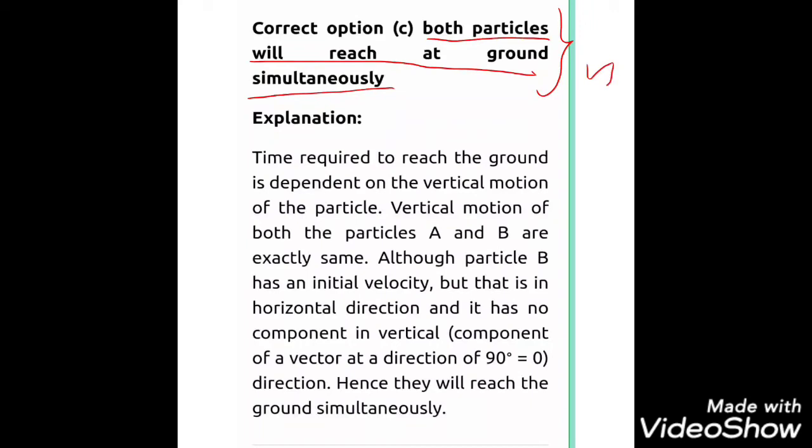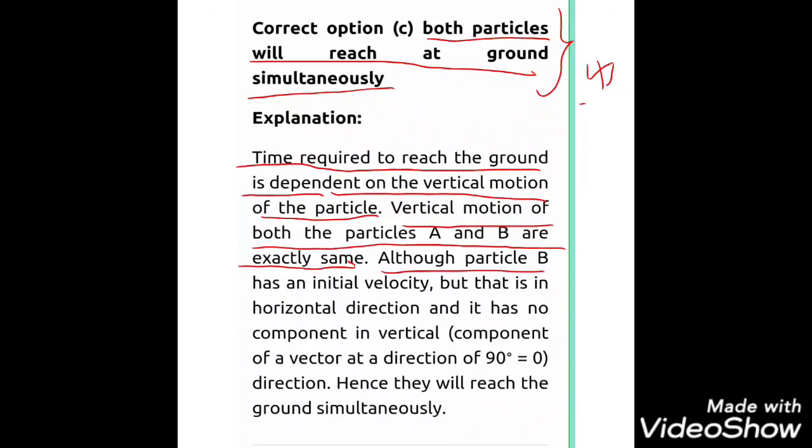How are we saying both particles will reach the ground simultaneously? Let us see the explanation. The time required to reach the ground depends on the vertical motion of the particle. The vertical motion of both particles A and B is exactly the same.